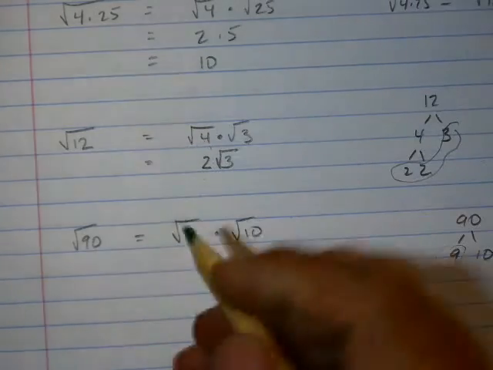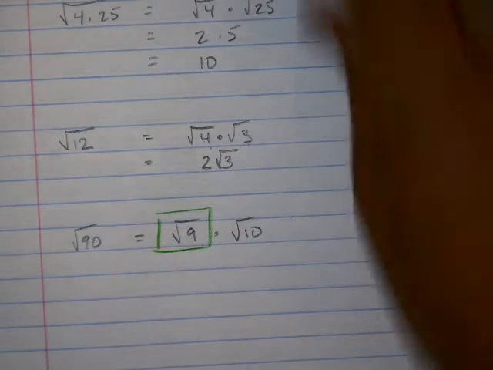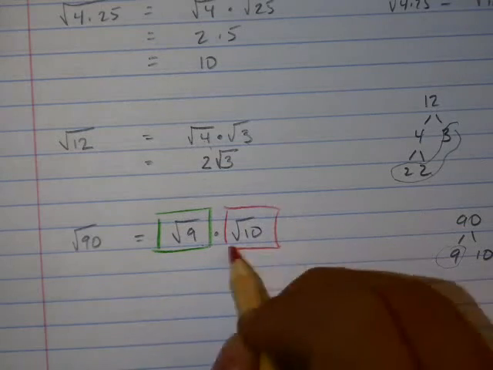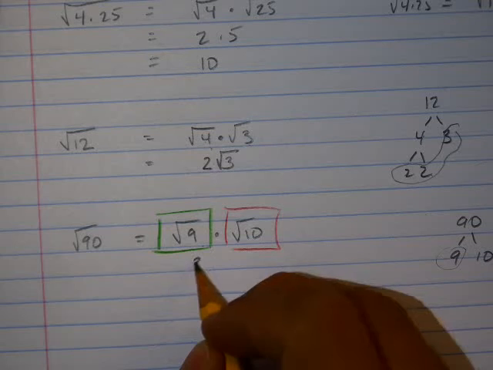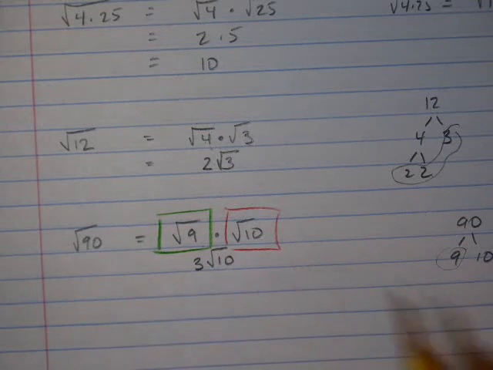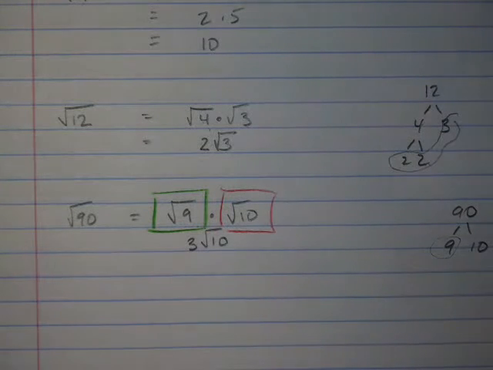Now, this guy is going to be able to be simplified, but this guy right here is stuck. So I'm going to just rewrite this one as 3 radical 10. Okay? Hopefully you'll get a little bit of practice with those and they'll become clear to you.